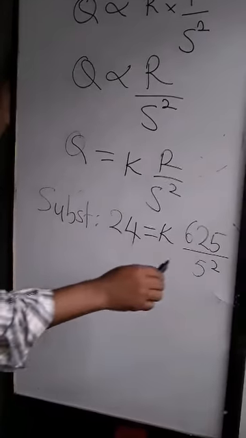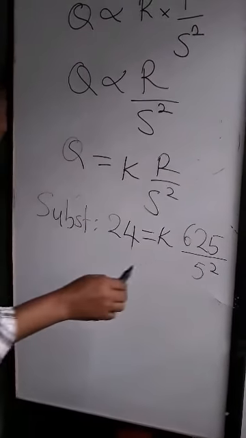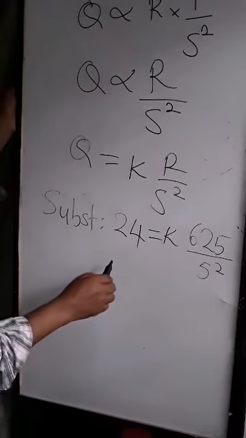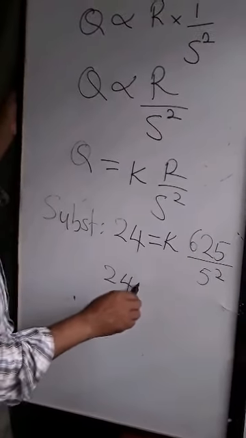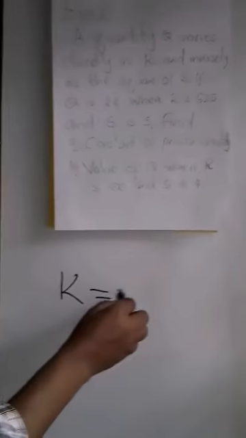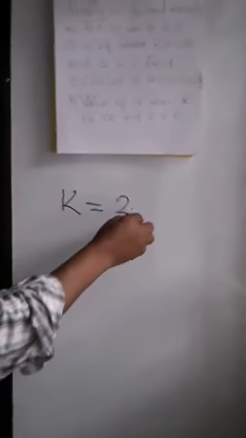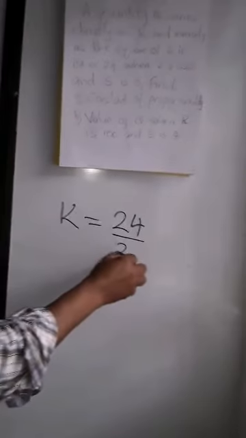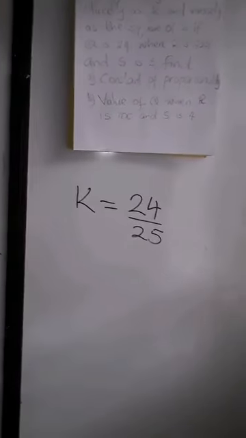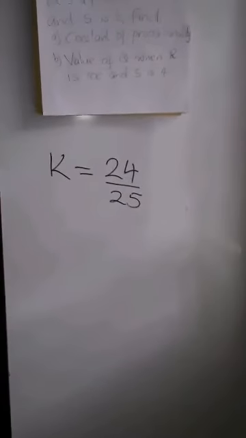Alright, so 625 divided by 5 squared is 625 over 25, which gives us 25. So we can say 24 equals 25K. So what is K? K is 24 over 25. So that becomes the constant of proportionality for that relationship.